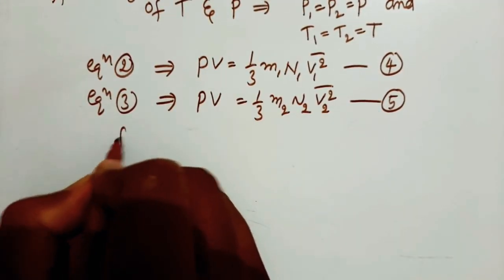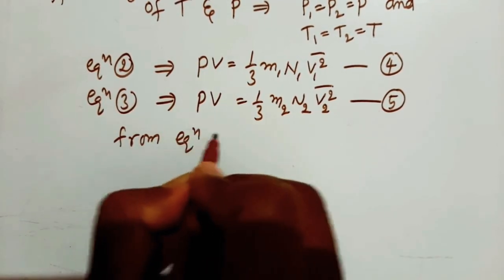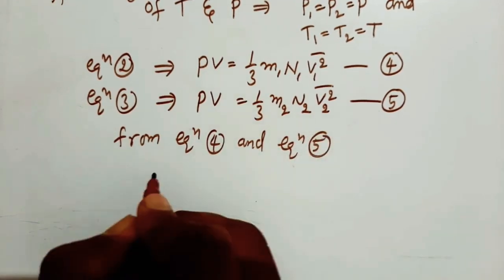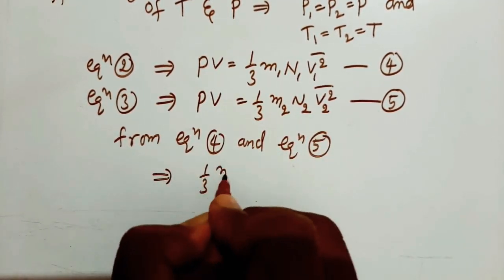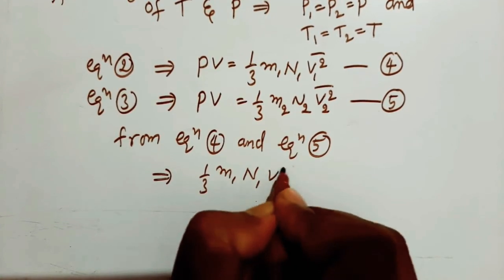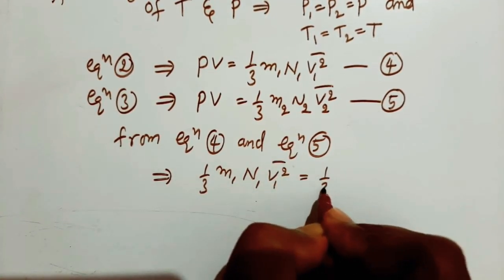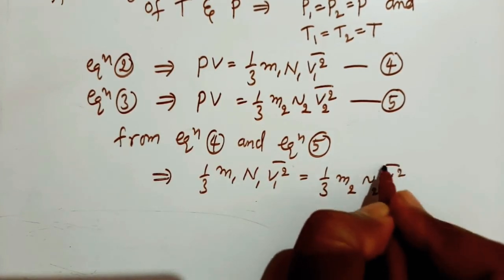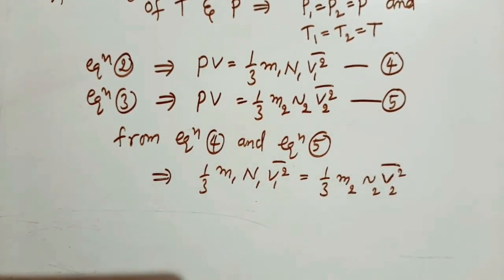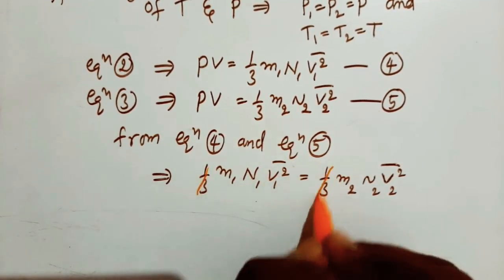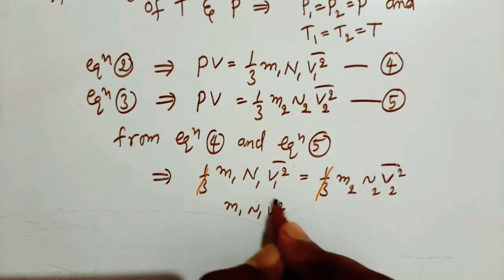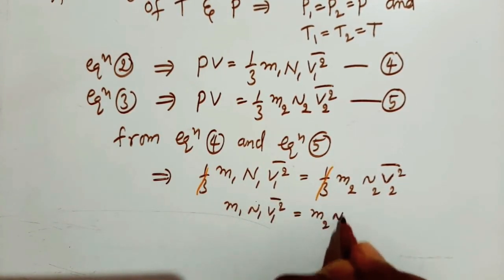From equations 4 and 5, we can write 1 by 3 m1 n1 V1 square bar is equal to 1 by 3 m2 n2 V2 square bar. Here 1 by 3 cancels. So we get m1 n1 v1 square bar is equal to m2 n2 v2 square bar.